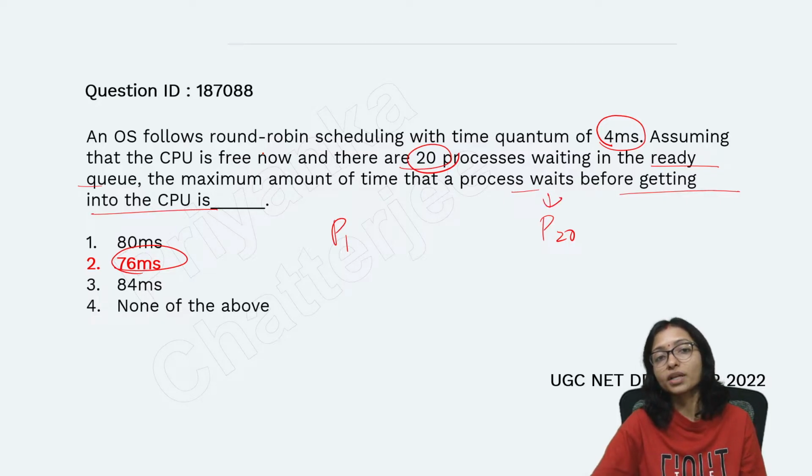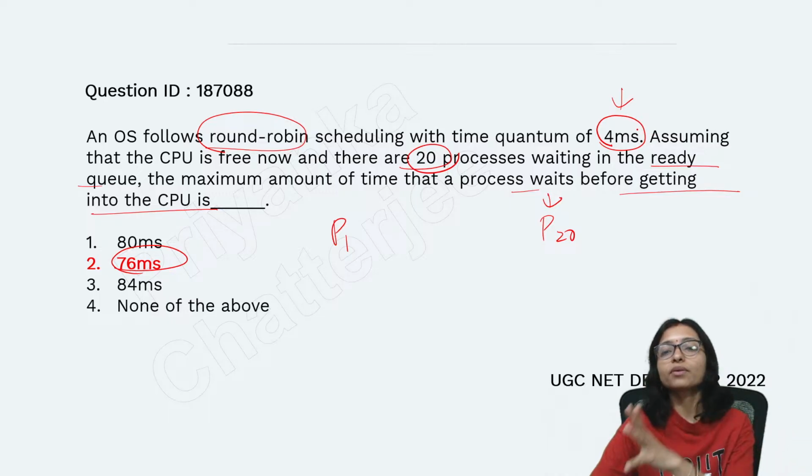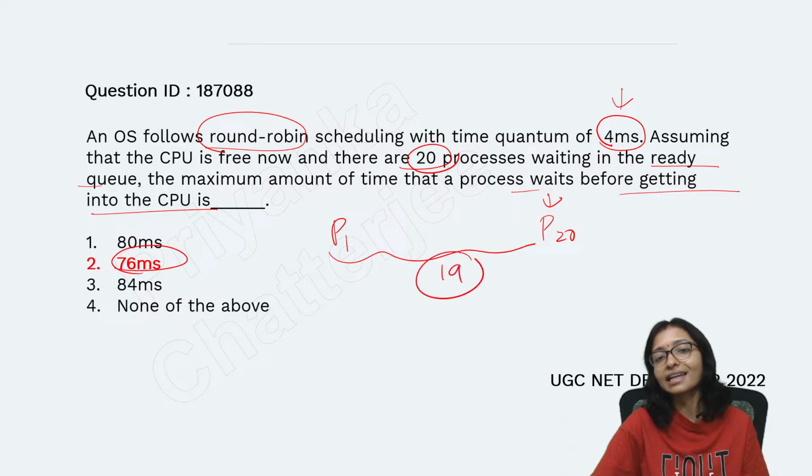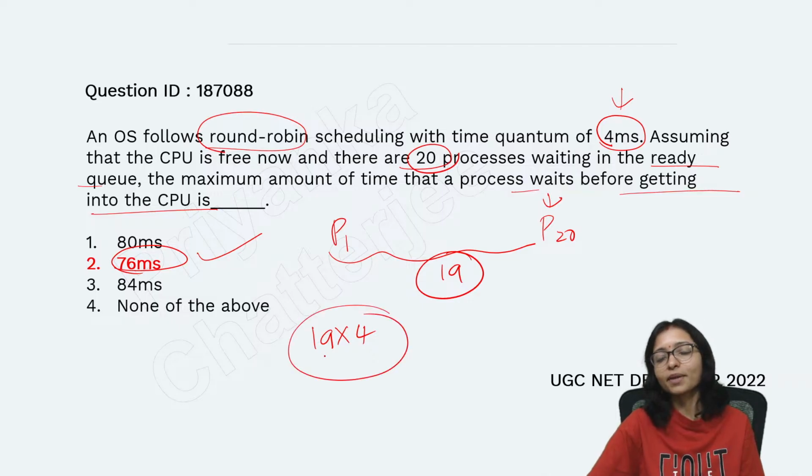Here you are going with round robin, and each time quantum is 4. If P1, P2, P3, P4 everyone gets a chance, then P20 gets a chance after 19 processes. So total 19, then 19 multiplied by 4 is the answer.